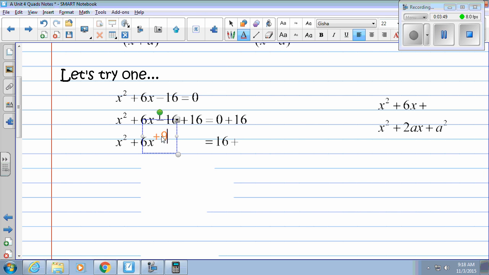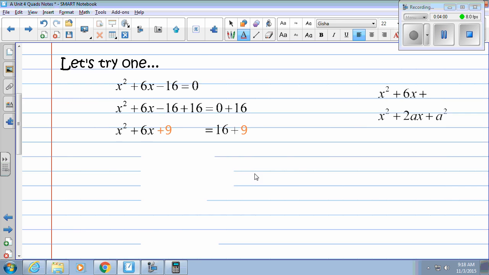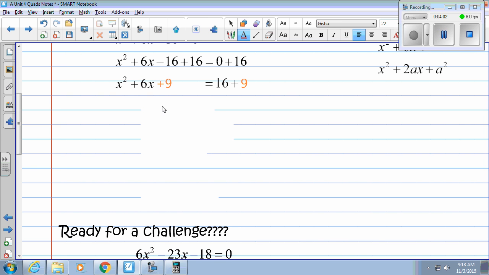So that's what we want to add. Unfortunately, what we do to one side, we have to do to the other. We can't add 9 to one side unless we add it to the other side as well, which gives us, now we can factor that perfect square trinomial. x plus 3 quantity squared, and then the 16 plus 9 gives us the 25.